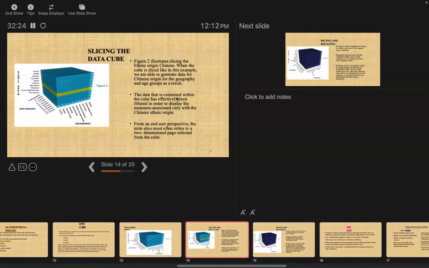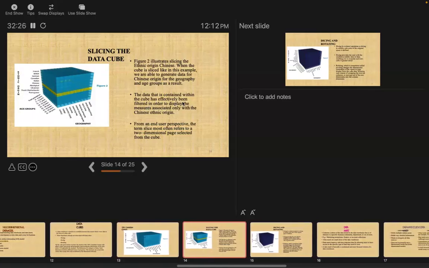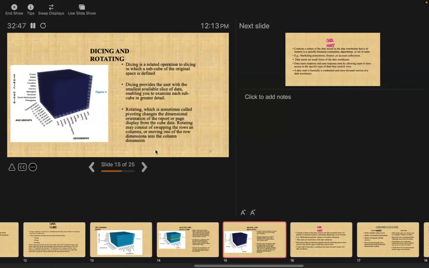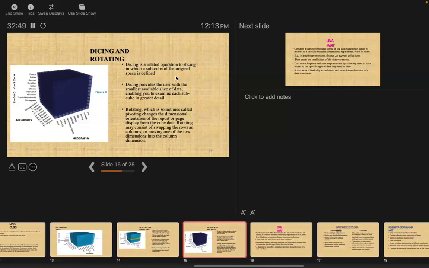The data contained within the cube has effectively been filtered in order to display the measures associated only with the Chinese ethnic origin. So from an end user perspective, the term slice most often refers to a two-dimensional slice selected from the cube. Then dicing is related to slicing, in which a subcube of the original space is defined.